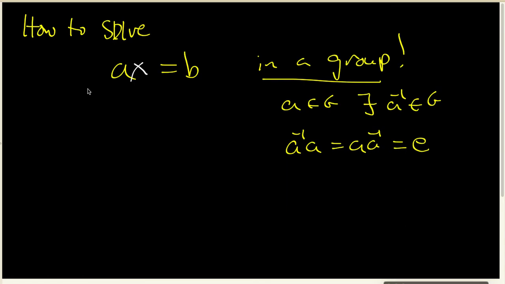So what I'm going to do is pre-multiply this equation by A inverse. We've seen this trick before. We look at A inverse times A times X is equal to A inverse times B. I do want to stress something very important.